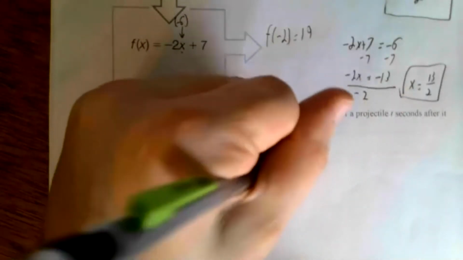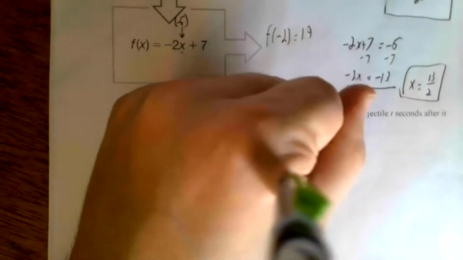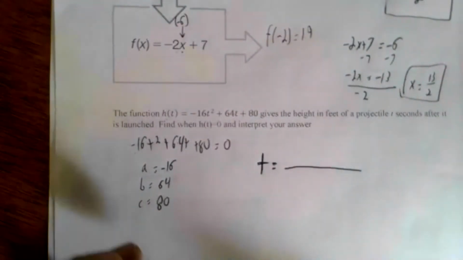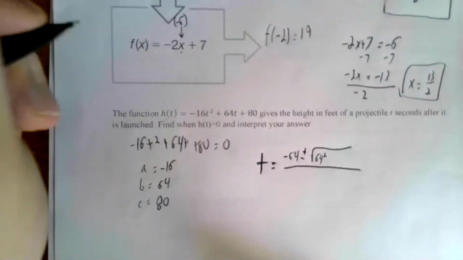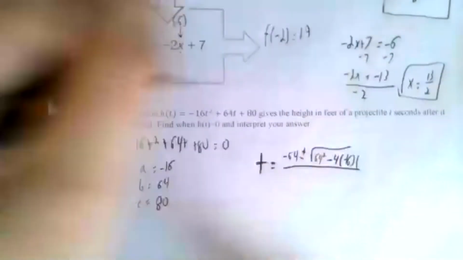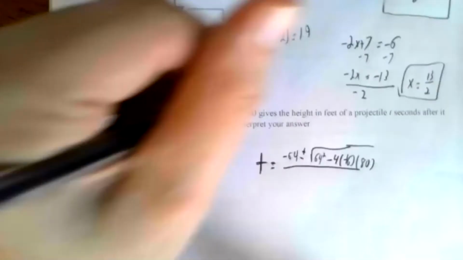So I have t is equal to, I'm going to put a really big division bar, negative b, so negative 64, plus or minus the square root of 64 squared, minus 4 times a, which is negative 16, times c, which is 80, right?